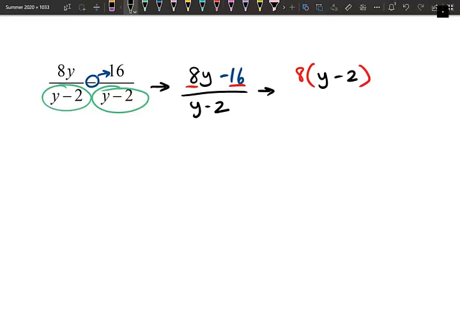And that's over our denominator of y minus 2. We have two identical factors, y minus 2, y minus 2. So all we're left with is the number 8.